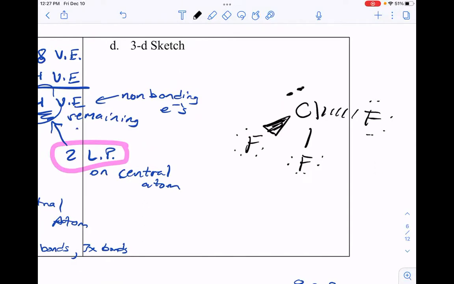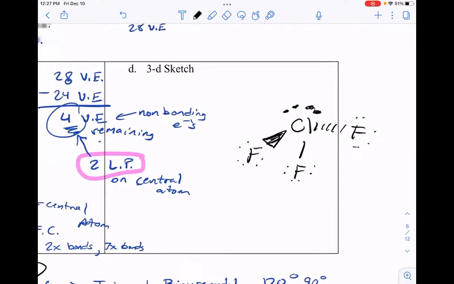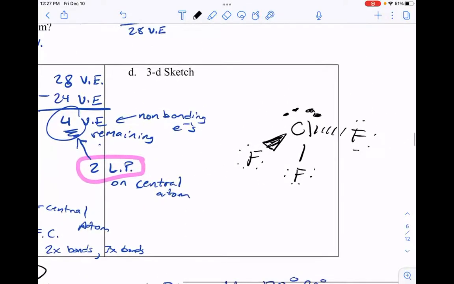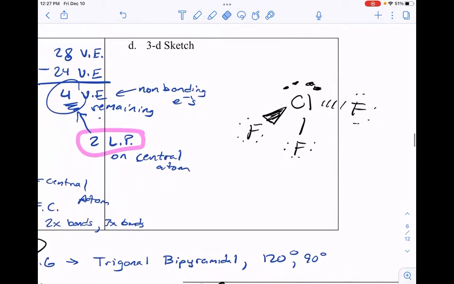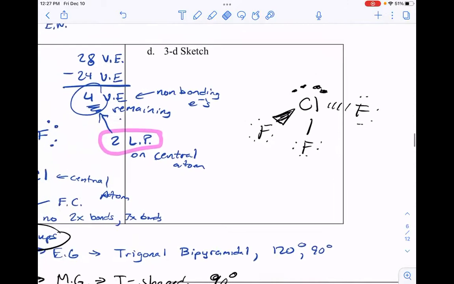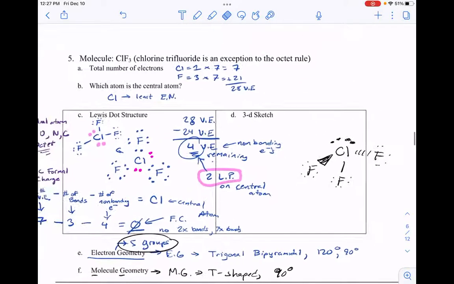Then I have 2 lone pairs on chlorine. All right. Any questions on ClF3?